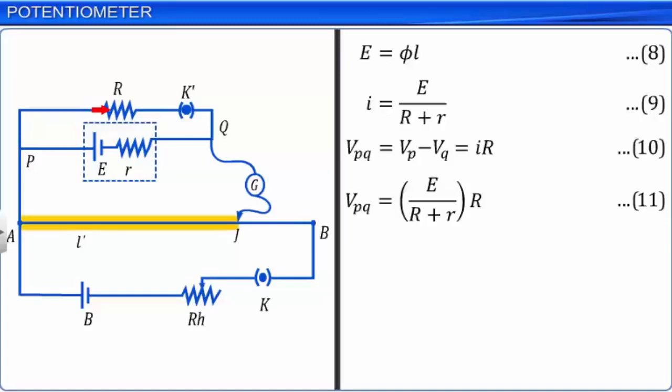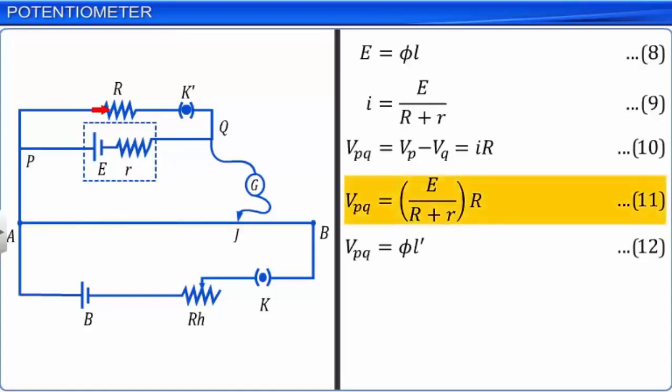Thus, we have VPQ is equal to phi into L'. Let this be equation 12. From equations 11 and 12, we get E by R plus r into R is equal to phi L'. Let this be equation 13.